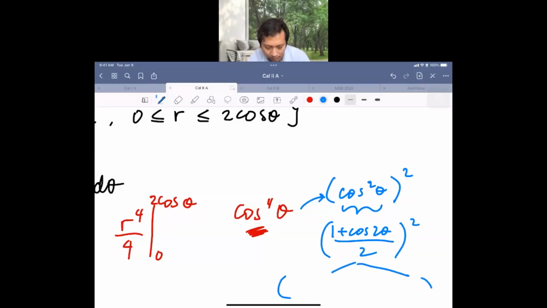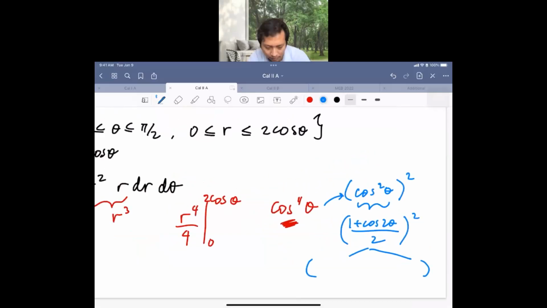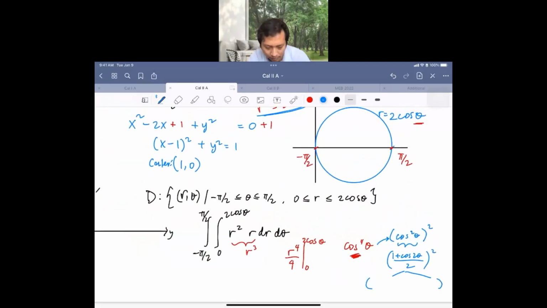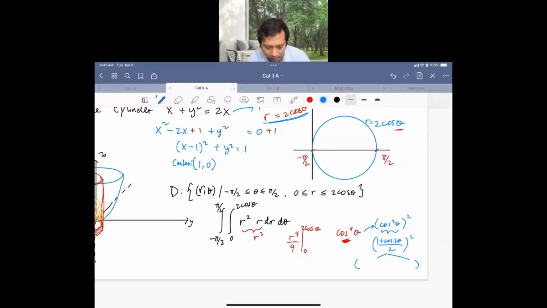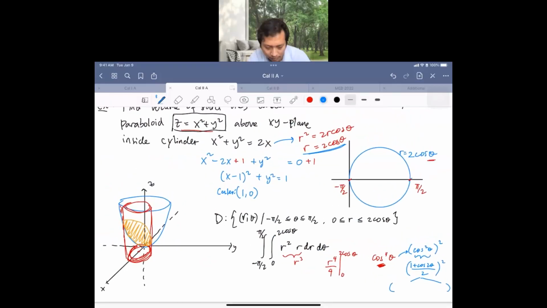Then I think you can do another double angle formula for the squared, and eventually you will get the results. I think you can do this on your own, and you should review your calculus, especially the trigonometry calculus. Any questions?